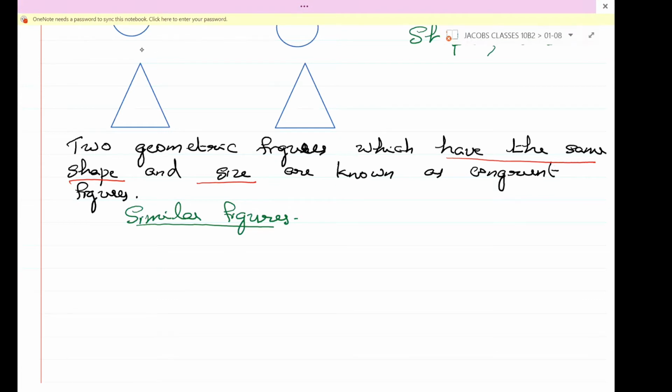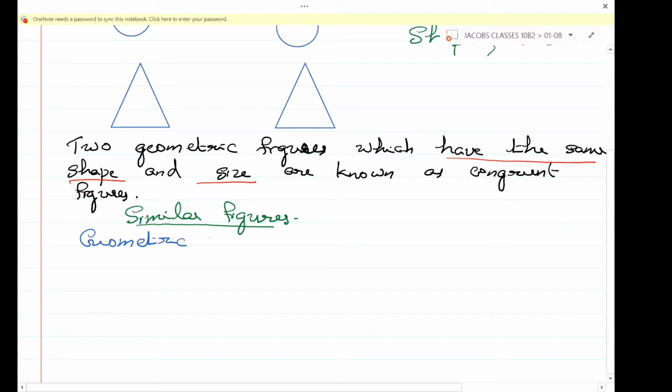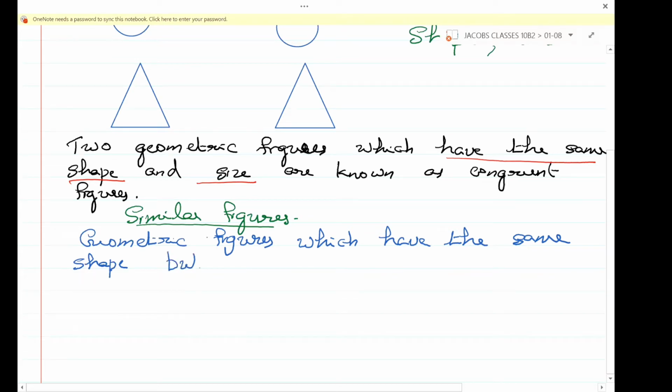Please write the definition. Geometry figures which have the same shape but different size are known as similar figures.